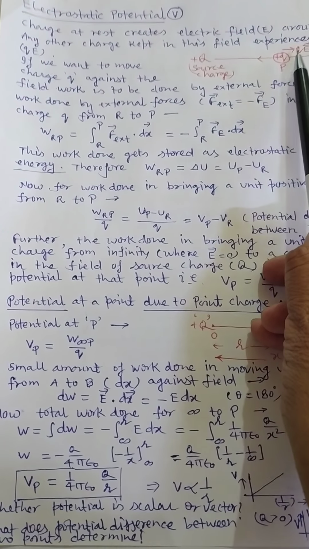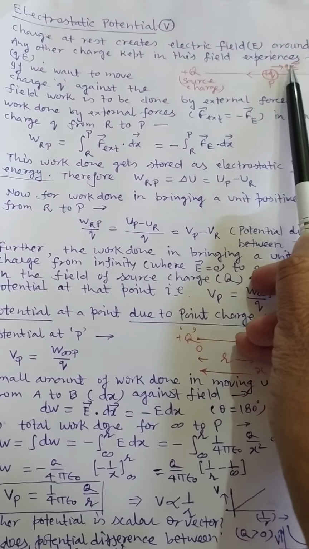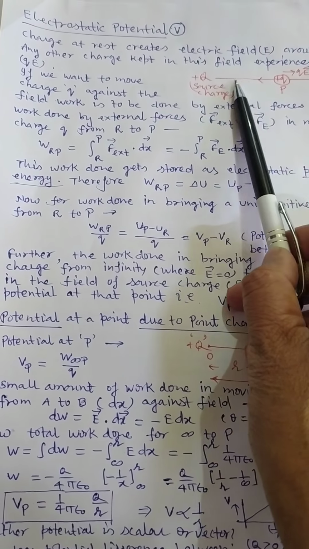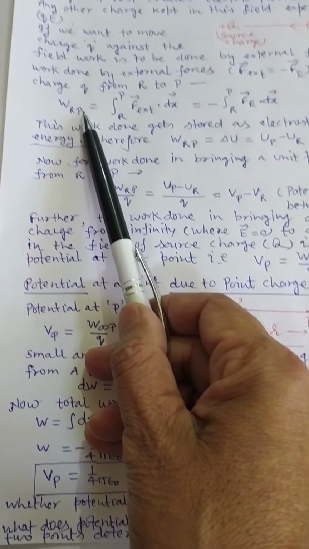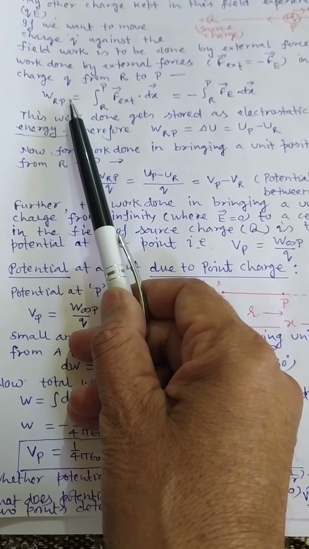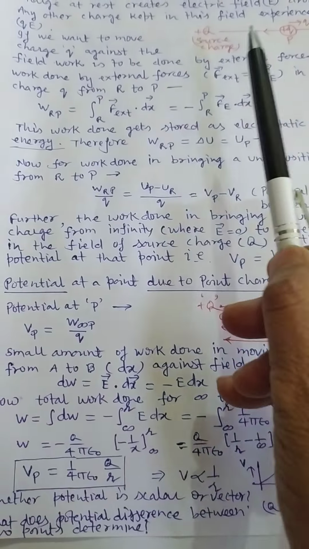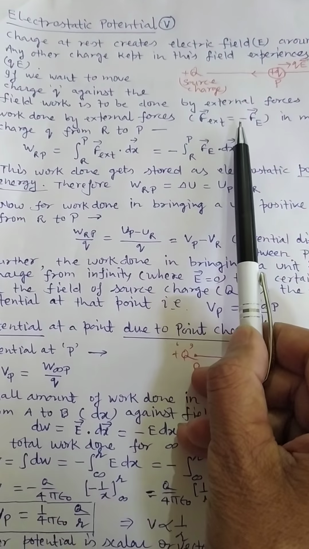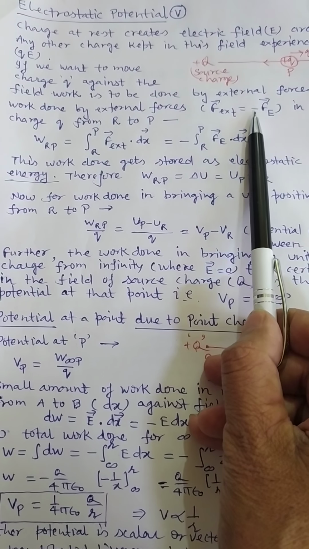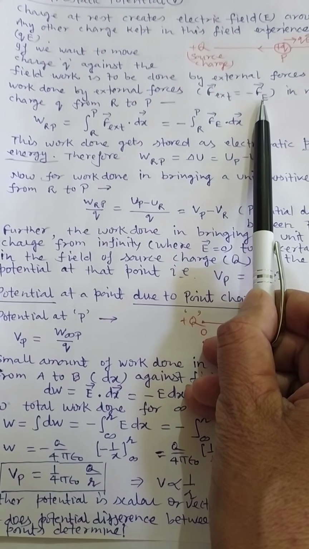Now this charge is to be moved opposite to the field, this way, and work is to be done by the external agency, by an external force. And definitely this force is to be equal and opposite to the electrostatic force.